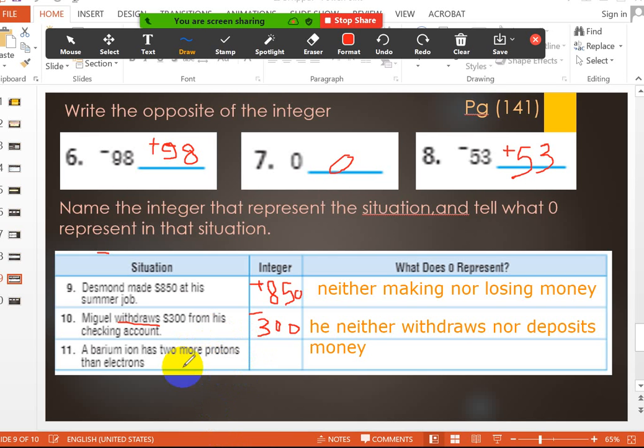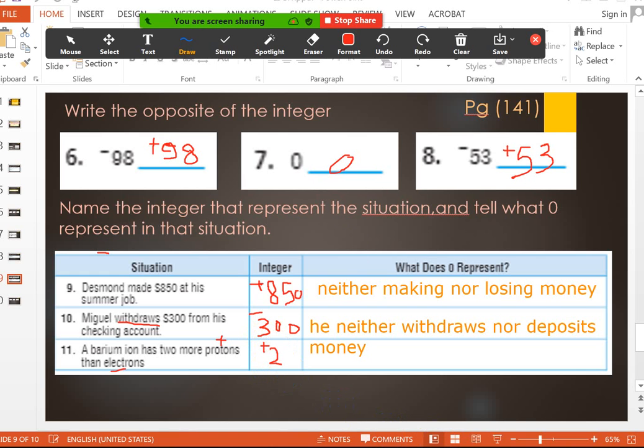Positive or negative? Very good, Farah. Very good, Joanna. The sign for protons is positive and the sign for electrons is negative. If I have two more protons, that means I have two positive, so positive 2.